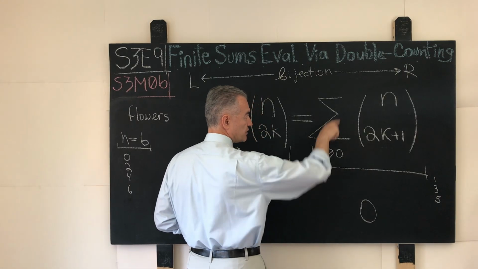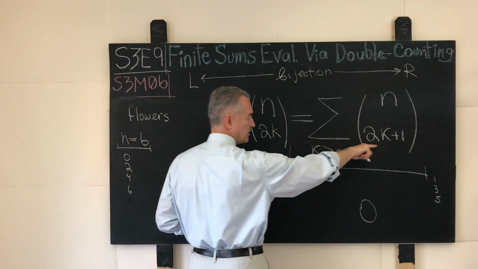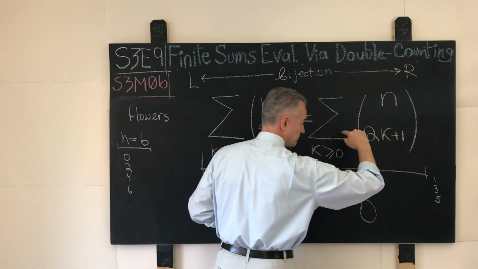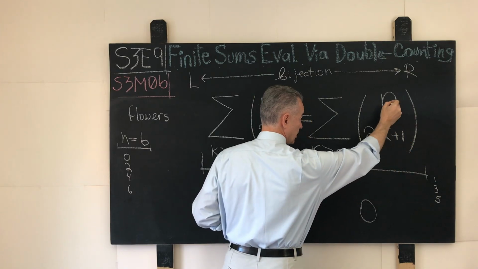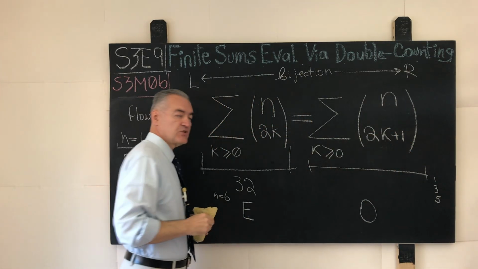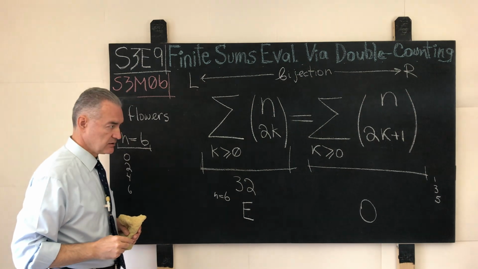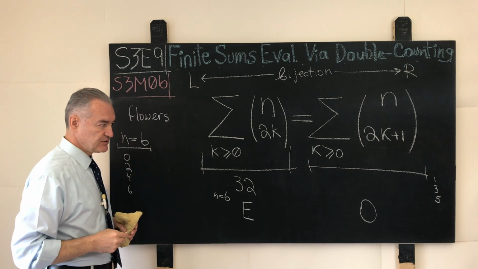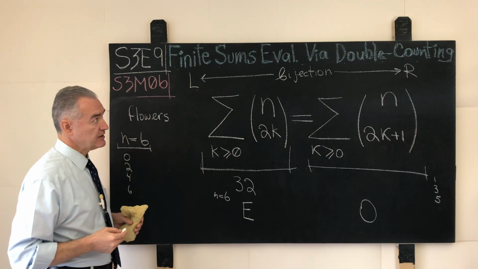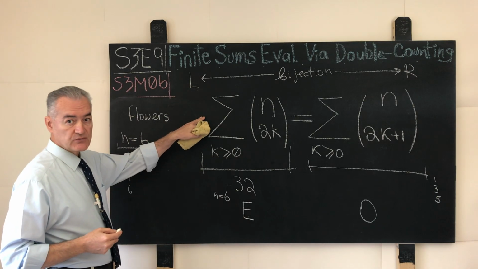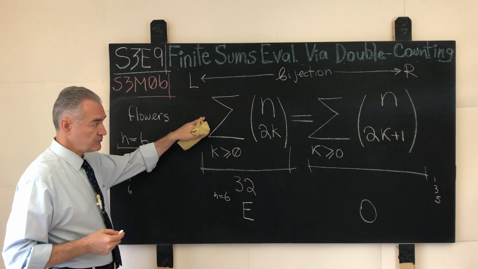Here we do not specify the exact upper boundary because we know that once the bottom of the binomial coefficient becomes larger than the top, then this coefficient becomes 0, vanishes.